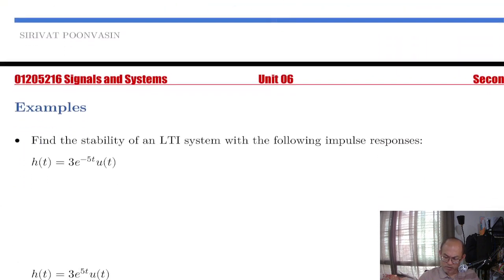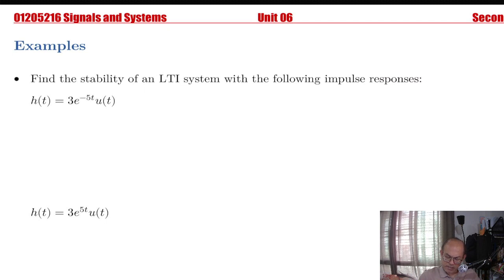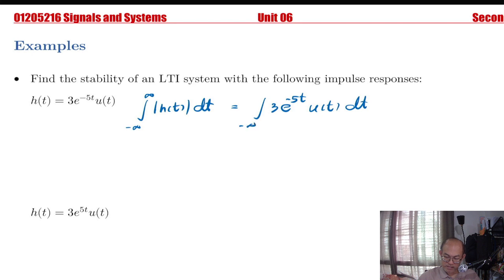Now let's take an example. An LTI system has this impulse response. We want to find out whether it is stable. So to find out whether it is stable or not, we have to do this integral, right? Now h is an exponential and it is always positive, so we can drop the absolute signs and put 3e to the minus 5t u(t) dt from minus infinity to infinity.